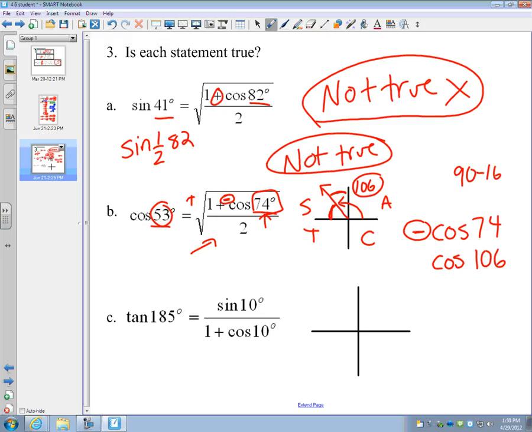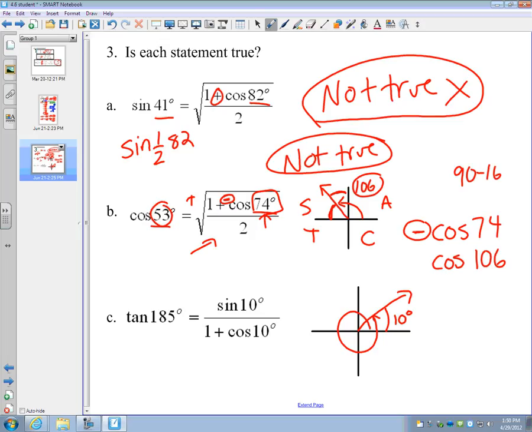Okay, so once again, 185 times 2 is going to be 370 degrees. That is somewhere over here, 370, with a reference angle of 10, because 360 and another 10 is 370.